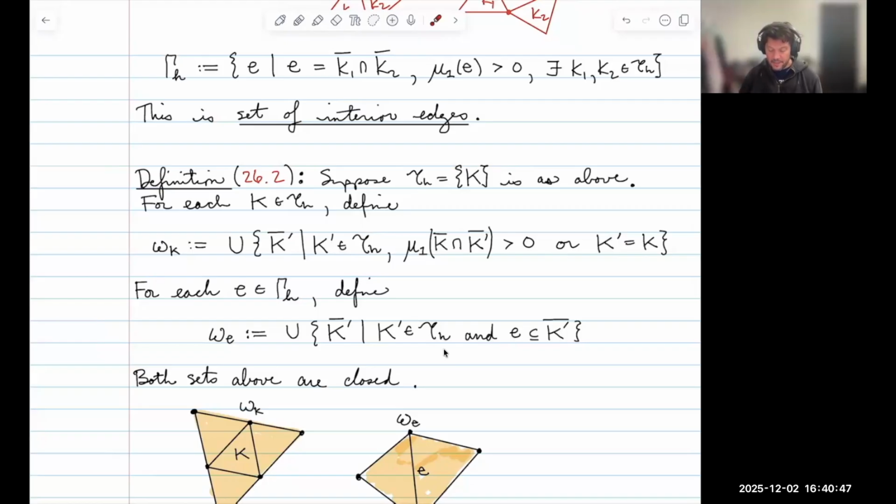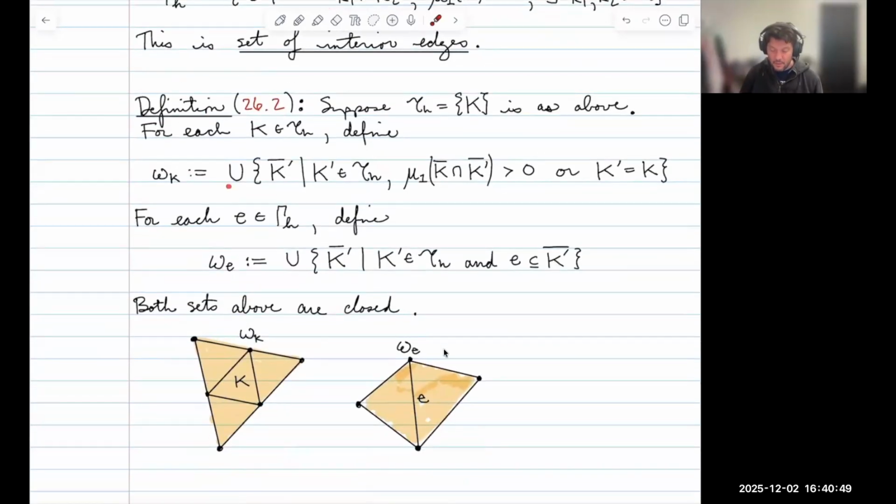What is the omega k set? It's going to be the union of the closures of k prime. So it's going to be the union of a bunch of closed triangles such that we have a triangle k prime in our triangulation with the property that it must have a non-empty, positive measure intersection with k.